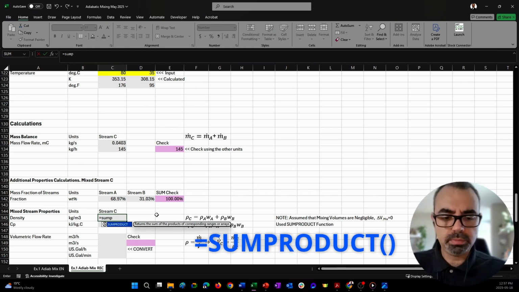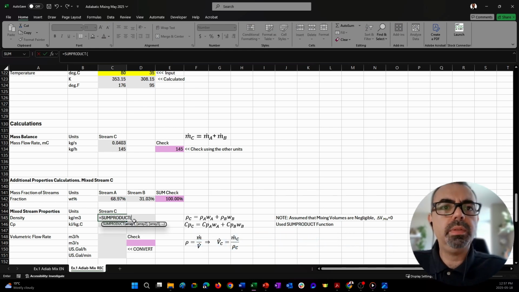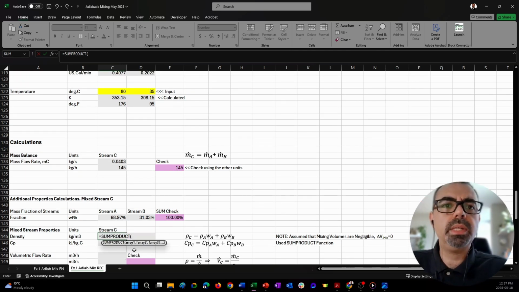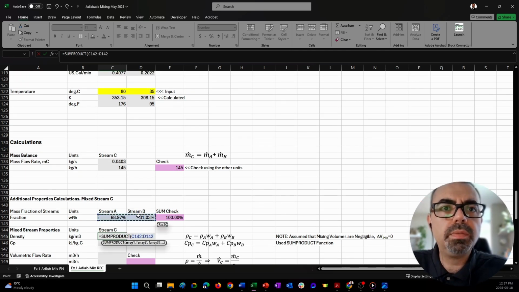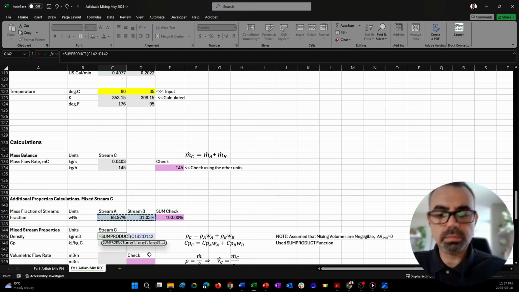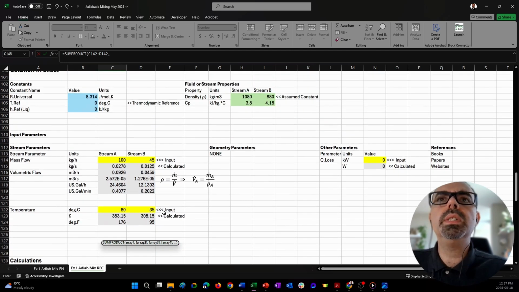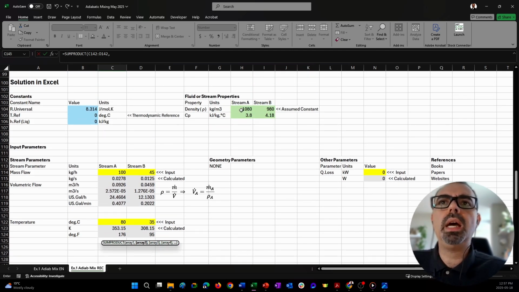So it's called SUMPRODUCT. It will first ask you which is the first array or first range of data that you want to do. So the first range of data is going to be these weight fractions that are together. And it will ask me the second array. So you want to take each of these numbers and you want to multiply them to which other numbers? And in this case is density, which is this constant parameter that I have here.